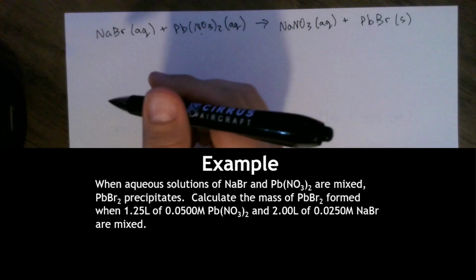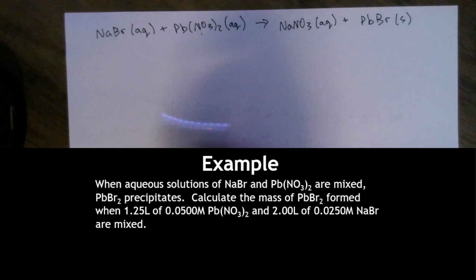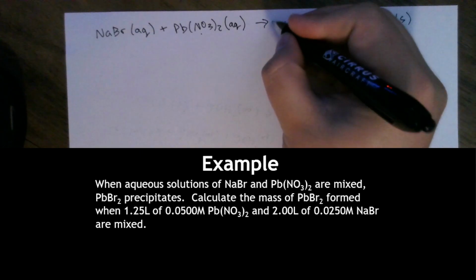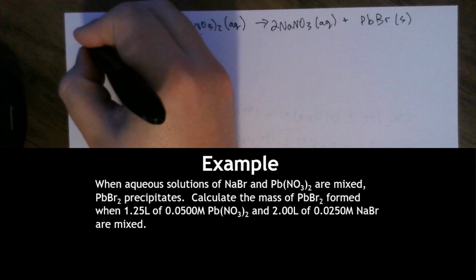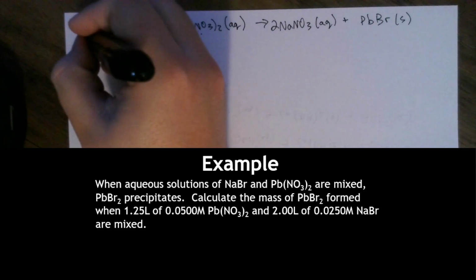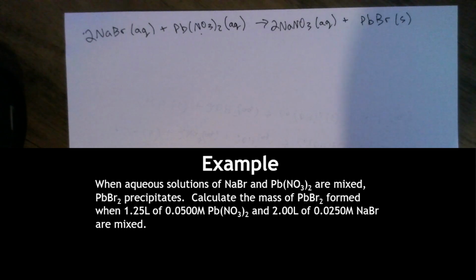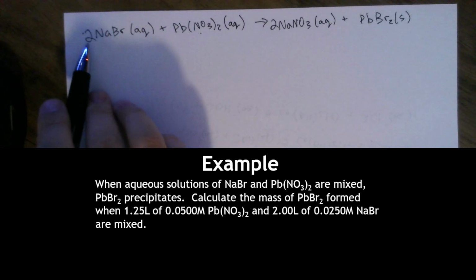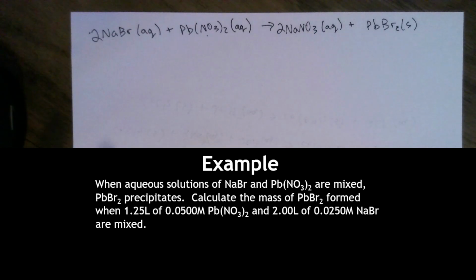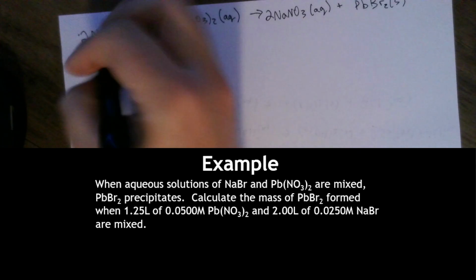I'm just going to write the complete ionic equation. Make sure it's balanced first. It's not. 2 here to balance out the nitrates. Oh, I see. Never mind. There's supposed to be a 2 here. 2 here to balance out the NaBrs. Fully balanced. All right.